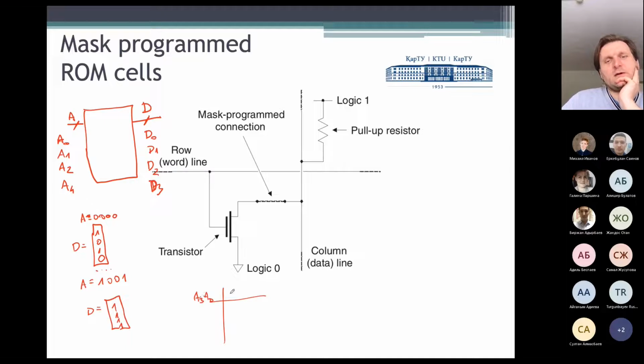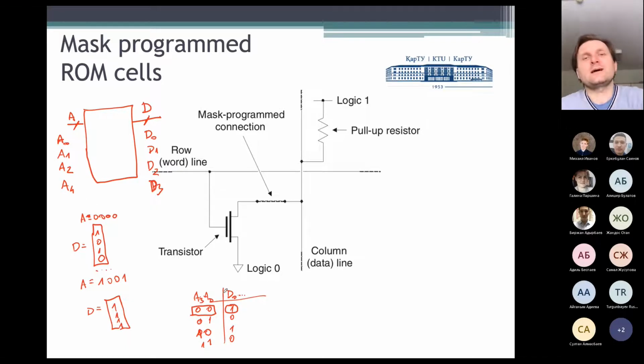Okay, if you remember the tables, A3, A0, etc., and D0, etc., so we may use that, sorry, 1, 0, 1, 1, 1, 0, 1, 0, for example. Yeah, we may program which data output is on that address. So the addresses are inputs and data are outputs.